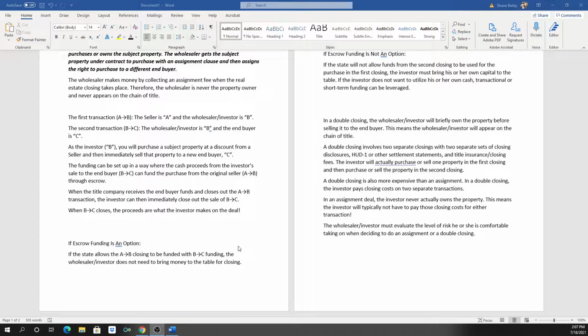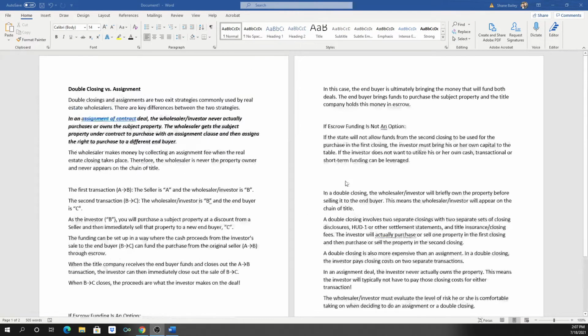So this is the case where if you can fund this in escrow, you can close in escrow, then you don't need any money because the second closing will fund both transactions. So, like I said, in this case, ultimately the end cash buyer bringing the money will fund both deals. He'll fund the deals. She'll fund the deals at the end of the whole transaction.